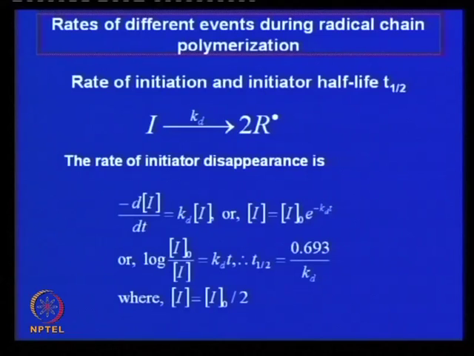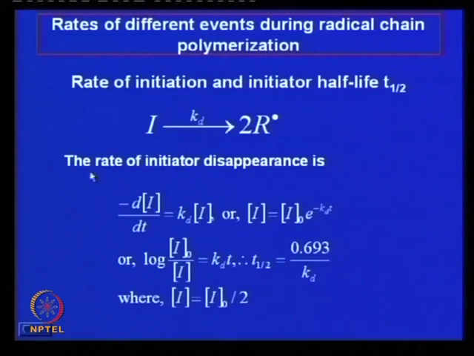You know what is half life of initiator? That means time required for 50% decomposition of the initiator, that is the half life. You have seen one initiator molecule decomposes to form two free radicals and decomposition rate constant is designated by Kd.